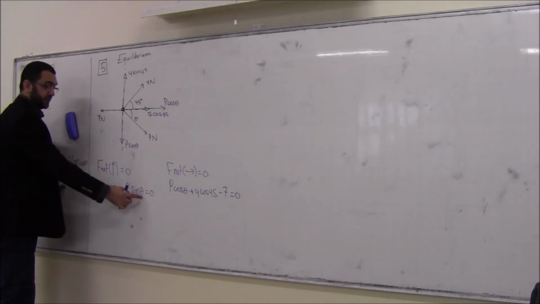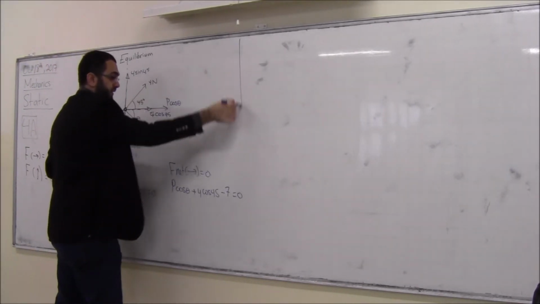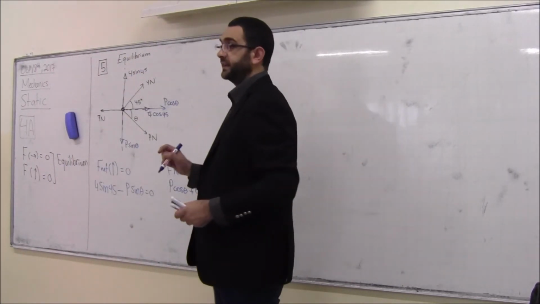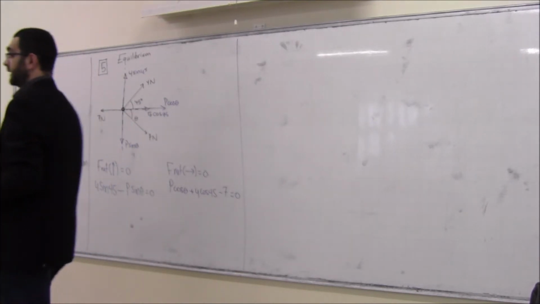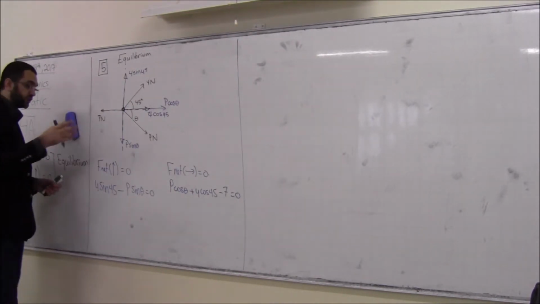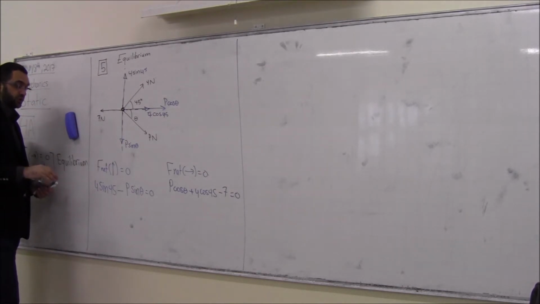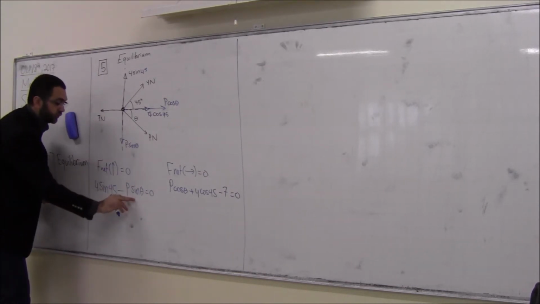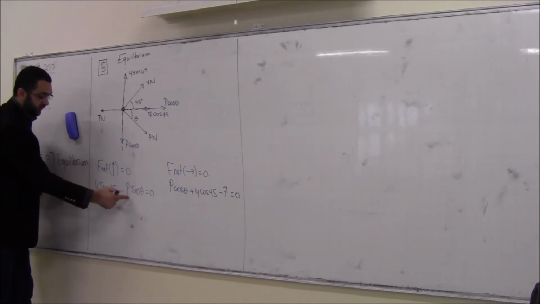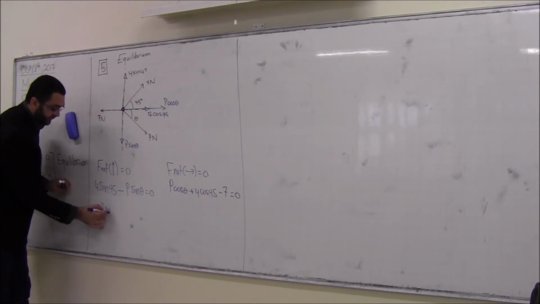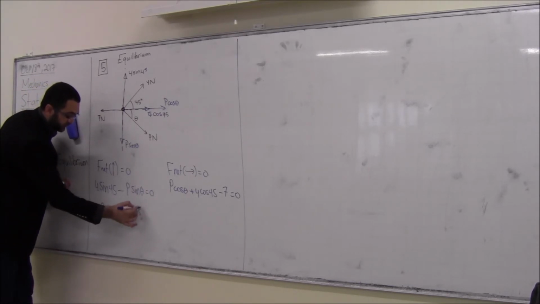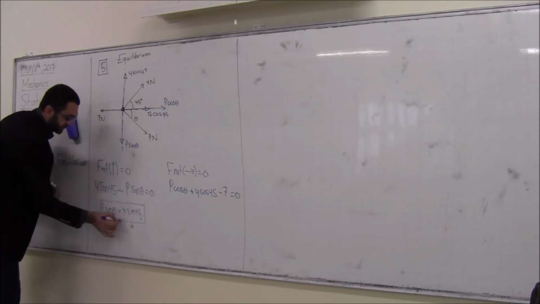Actually, we are asked to find P and theta. In order to find theta, we have to use shift sine or shift cosine, but I can't use it here because I have two variables. So look here please. P sine theta equals 4 sine 45. This is the first equation.